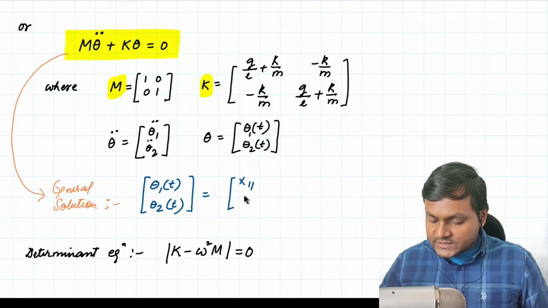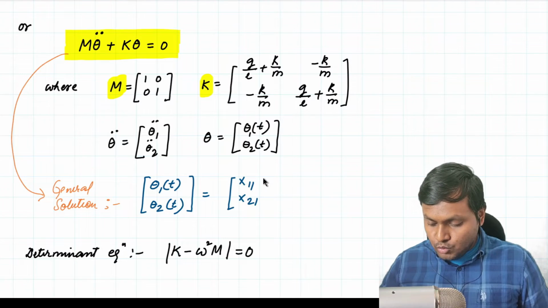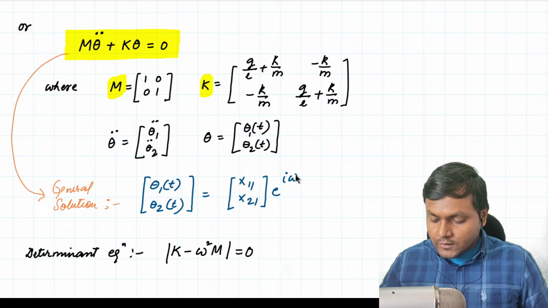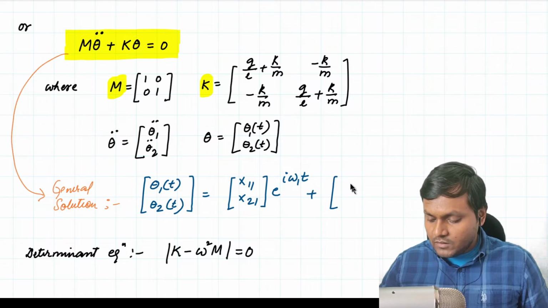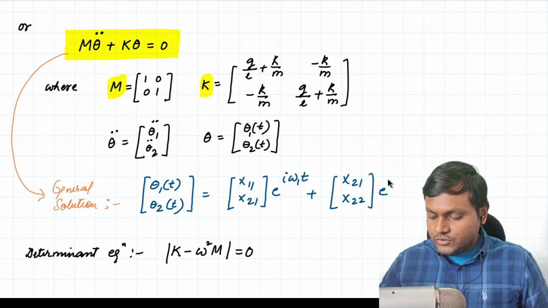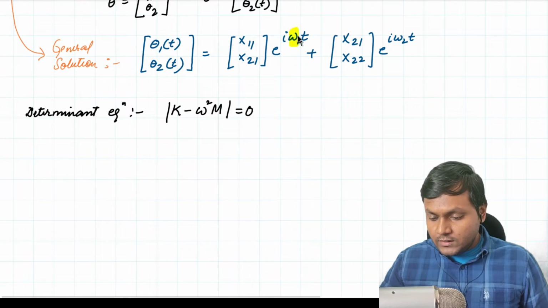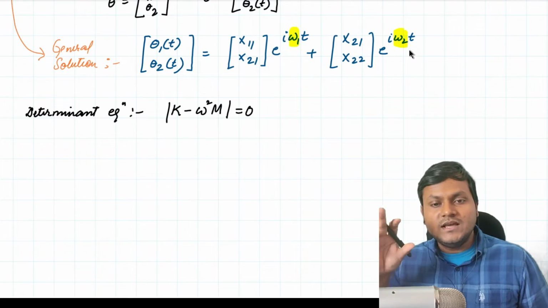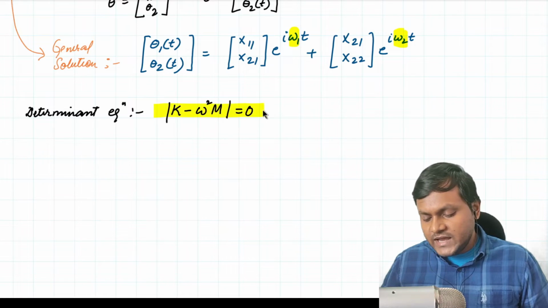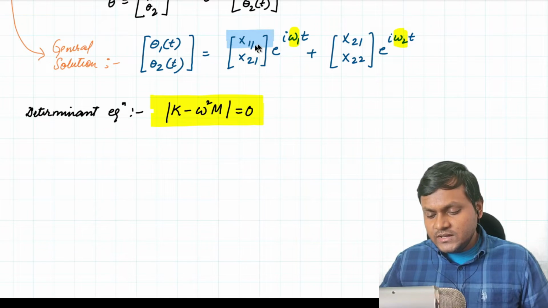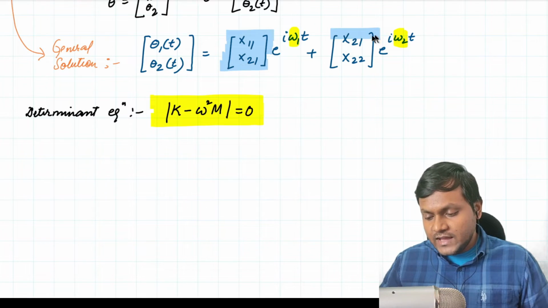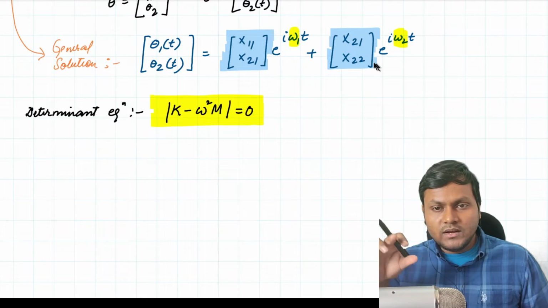Let's suppose I say x11, x21 e to the power i omega1 t plus some kind of a constant x12, x22 into e to the power i omega2 t, where omega1 and omega2 are the eigenvalues of this determinant equation, and these quantities are the eigenvectors corresponding to omega1 and omega2.